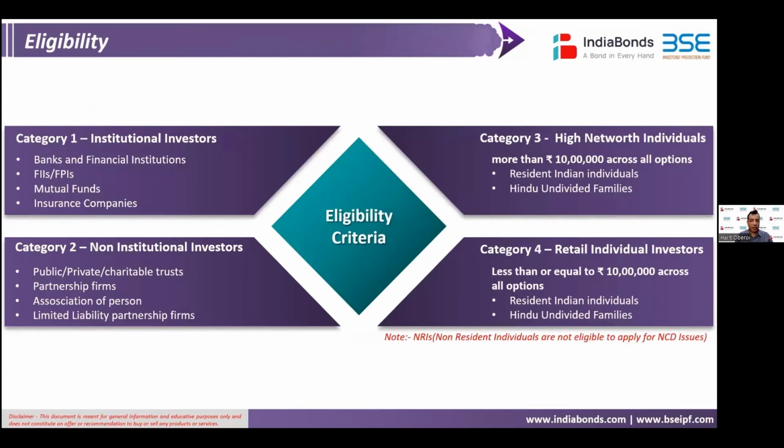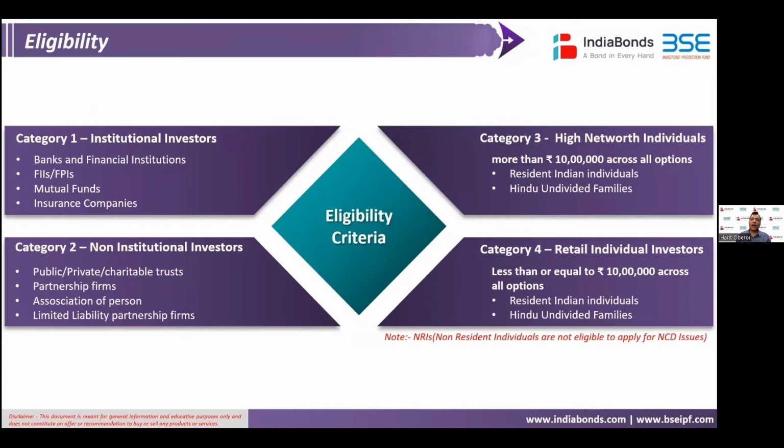Category 2 is non-institutional investors or the corporate investors, which includes public and private charitable trusts, partnership firms, AOP, association of persons, LLPs like limited liability partnership firms, also called the corporate category. So category 1 and category 2 combined form the non-individual category of investors. And in the individual category of investors, category 3 and category 4 are defined.